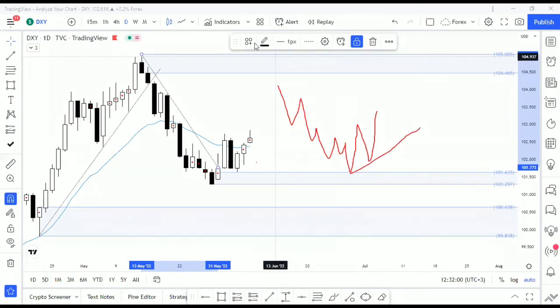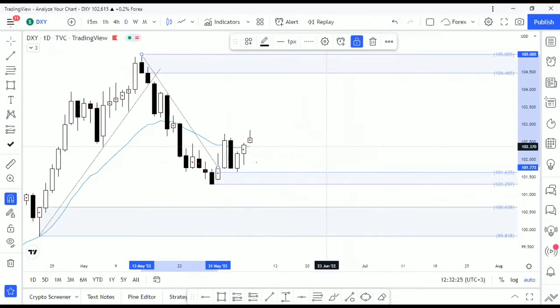So the daily trend is already starting to change, though it is not a clear bullish trend on the daily. But you can see here we have some conditions that may tell us that the daily trend has started to change.